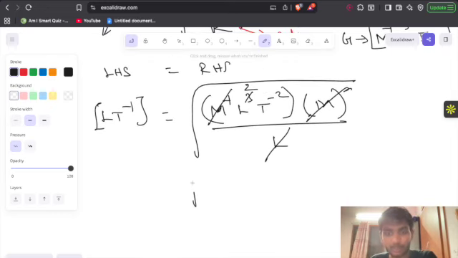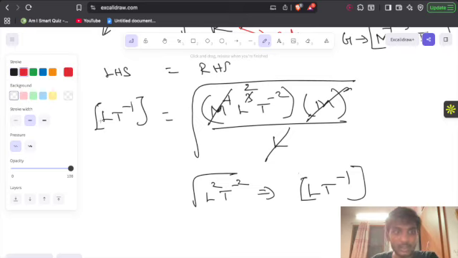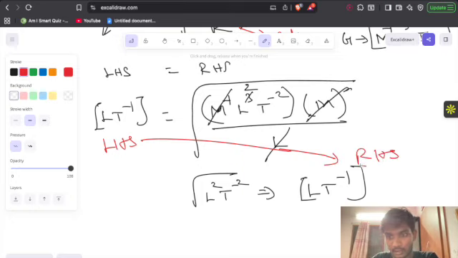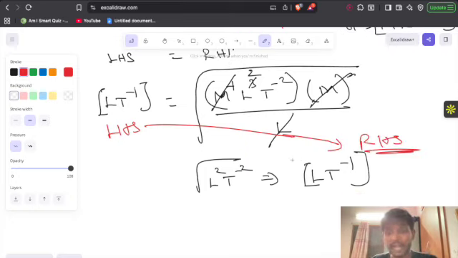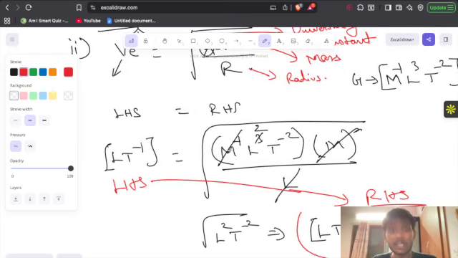So now I have root of L square T power minus 2, that will give me LT power minus 1. So from this I know that LHS is equal to RHS. Okay. So we have dimensionally proved that this equation is dimensionally correct.